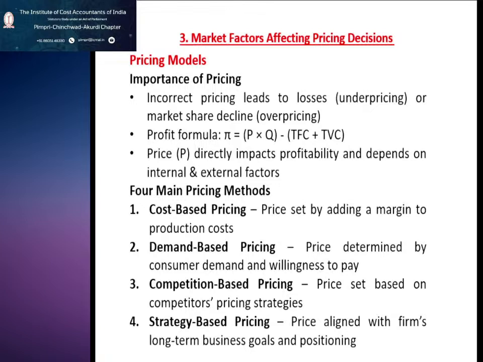The third is competition-based pricing, wherein price is set based on the competitors' pricing strategy. Fourth is strategy-based pricing, wherein prices are aligned with the firm's long-term business goals and positioning. These are the four pricing methods which have emerged and which are determined by various aspects of the market.